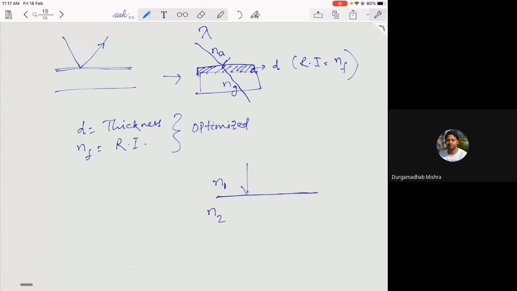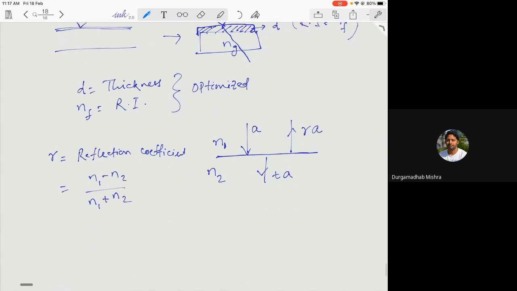If I have incident light with amplitude A, the reflection would be R into A, and the transmitted part is T into A. So what are R and T? R is the reflection coefficient, which is (N1 minus N2) by (N1 plus N2).